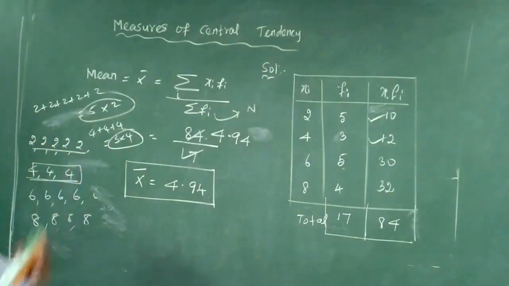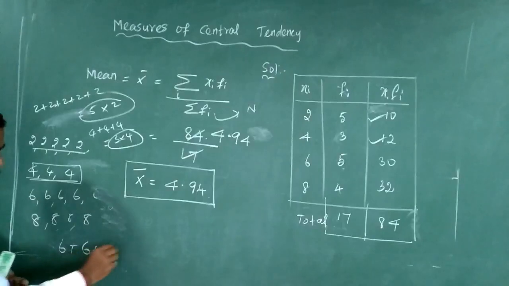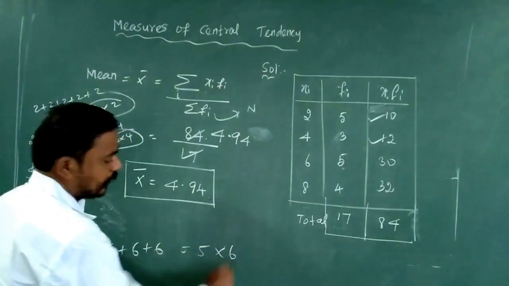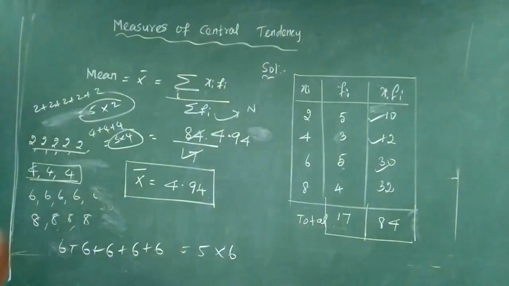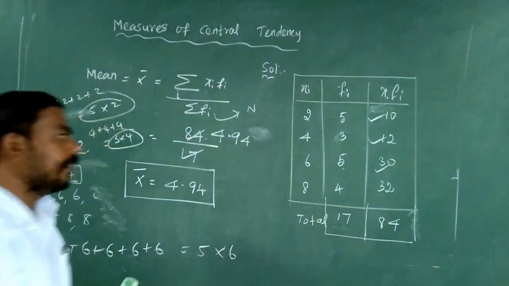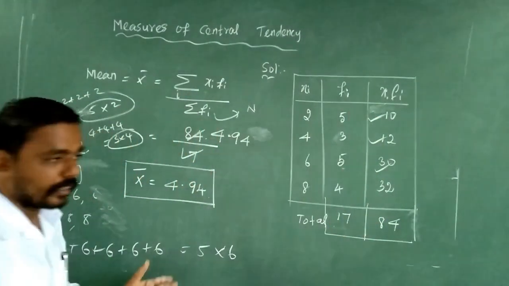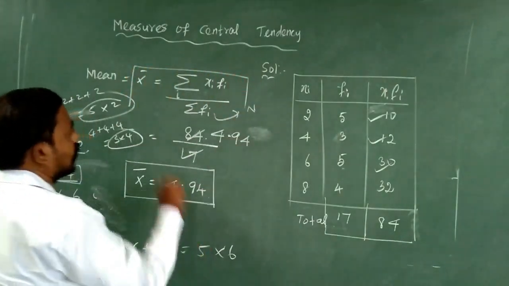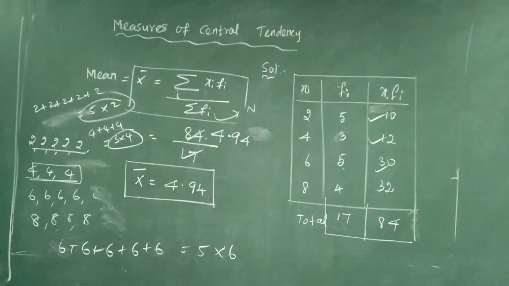Similarly, 5 6s are there: 6 plus 6 plus 6 plus 6 plus 6, so that is equal to 5 into 6. So this thing is written here. Similarly, 8, 4 times, so you write it here. Anyway, you are going to add the products. So here also addition. So this formula is nothing but the sum of observations divided by the number of observations.